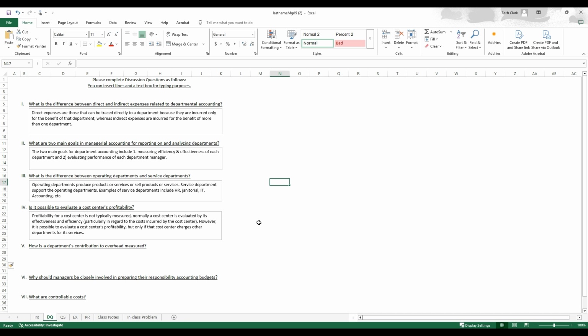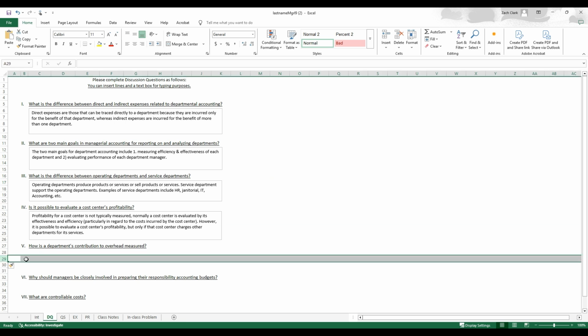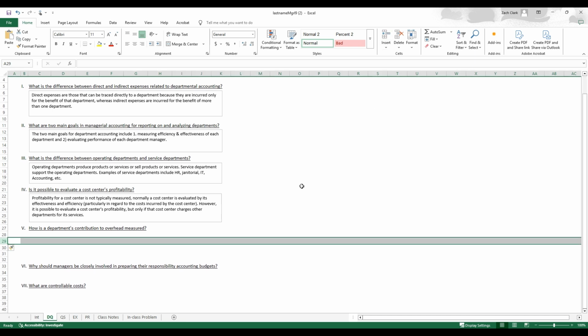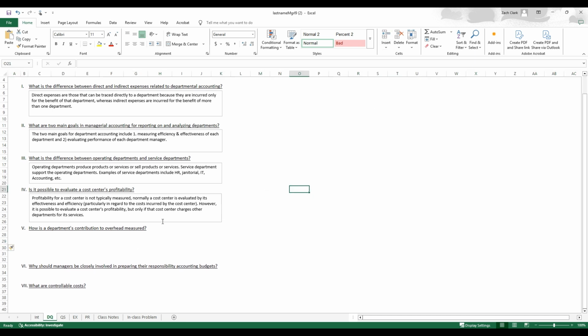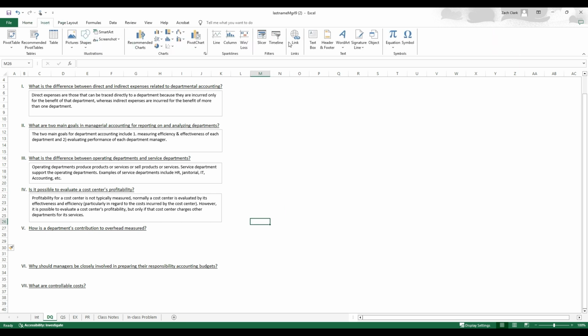Not necessarily that the manager of the operating department is going to cut a check to the service department per se, but you could think of different ways to think of them all as independent businesses, almost. And if the service department does charge a fee, quote unquote fee, to the other departments, you could set it up in a way to do an analysis like that.